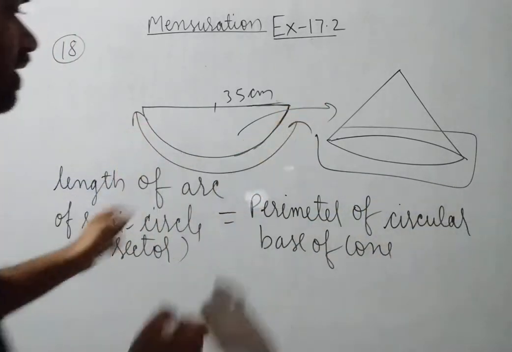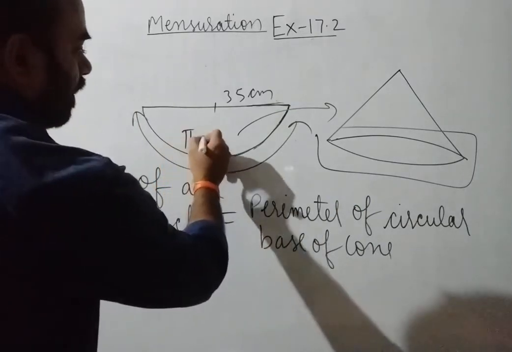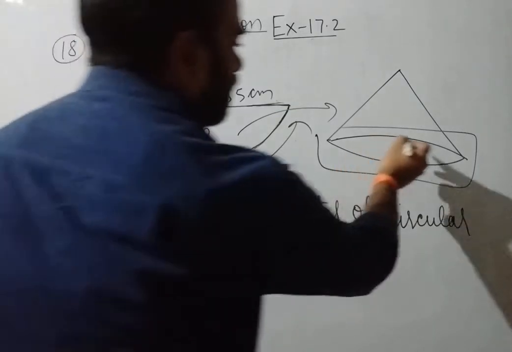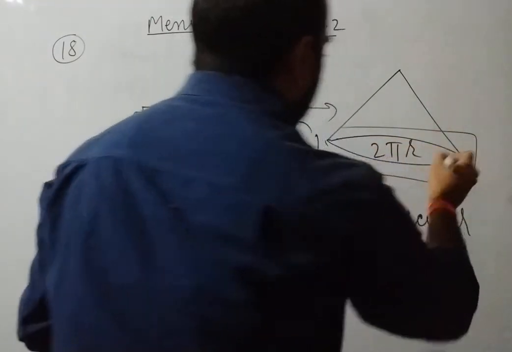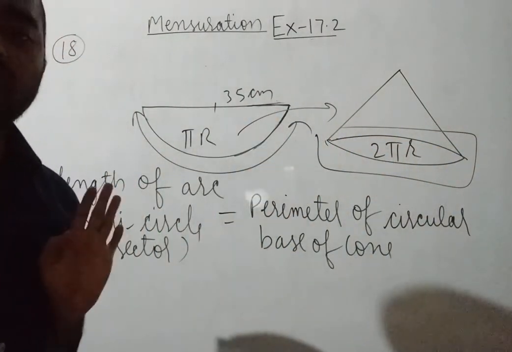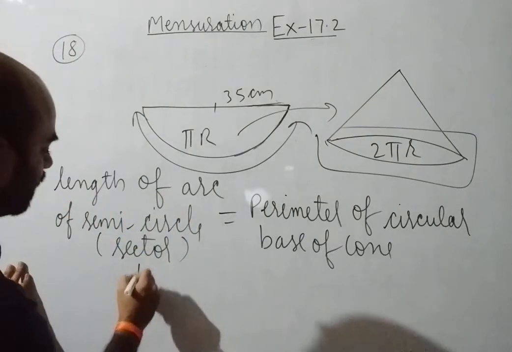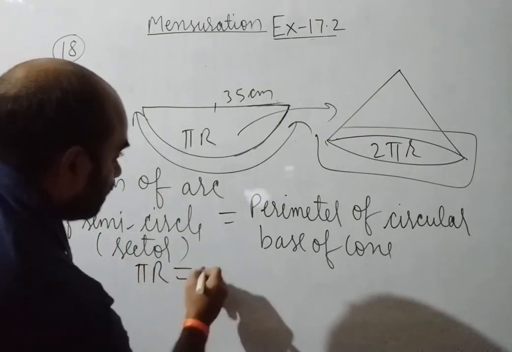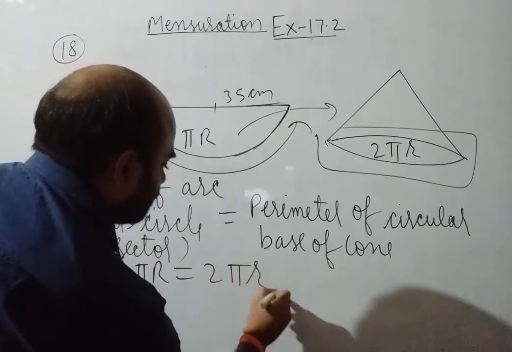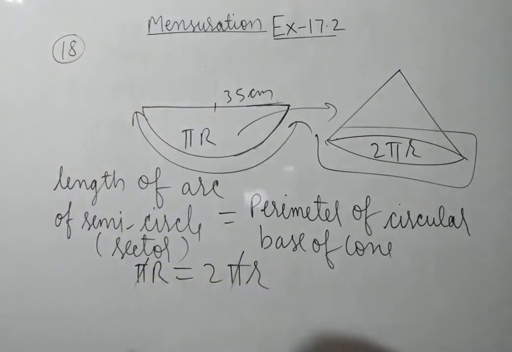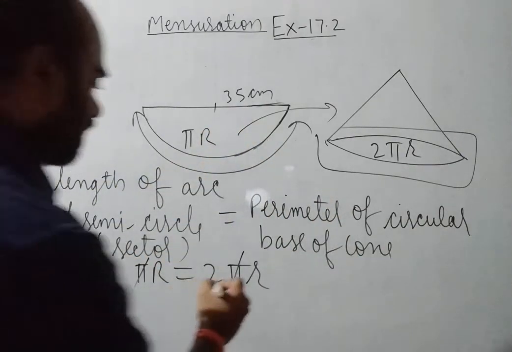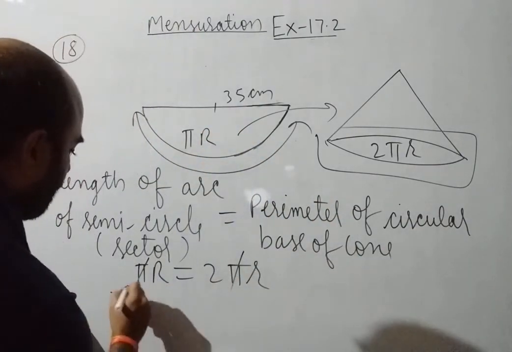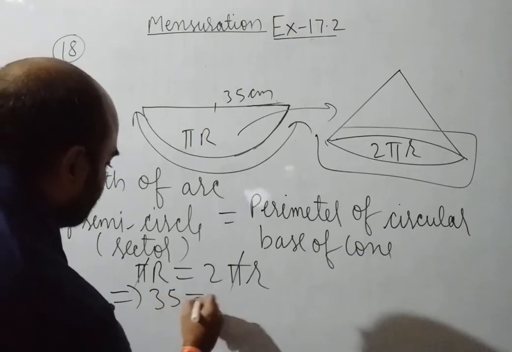What is the length of arc of the semicircle? This one is pi R, and what is the perimeter of the circular base? That is 2 pi r. Both radii will be different. So pi capital R will be 2 pi small r. Pi and pi cancelled. Capital R is already mentioned, 35.